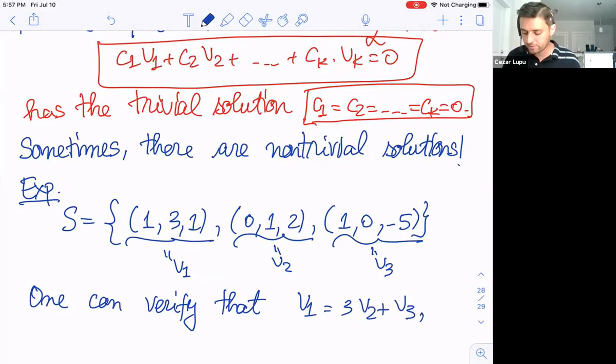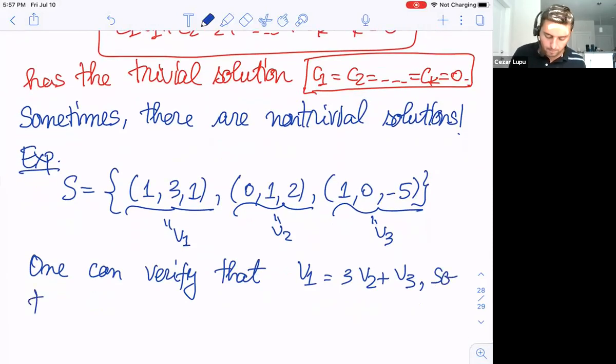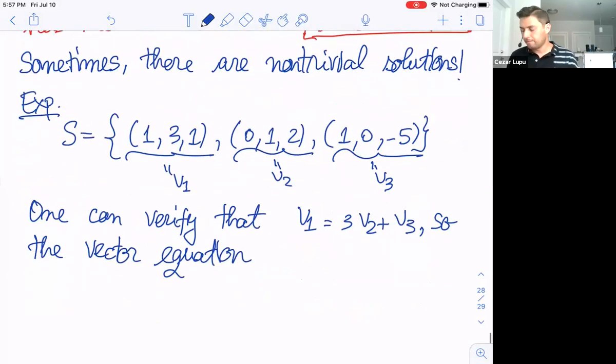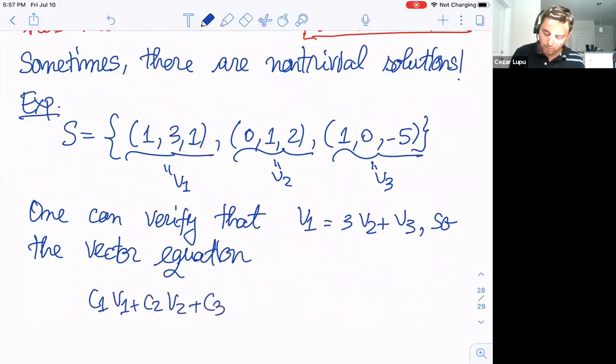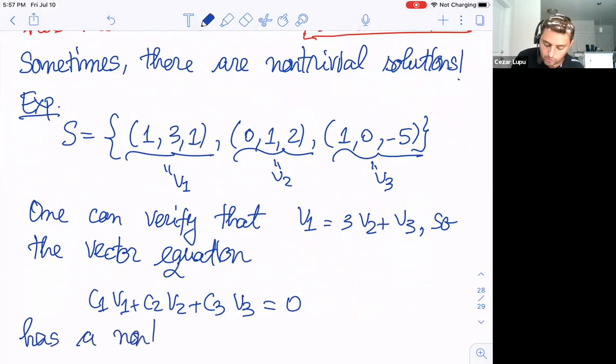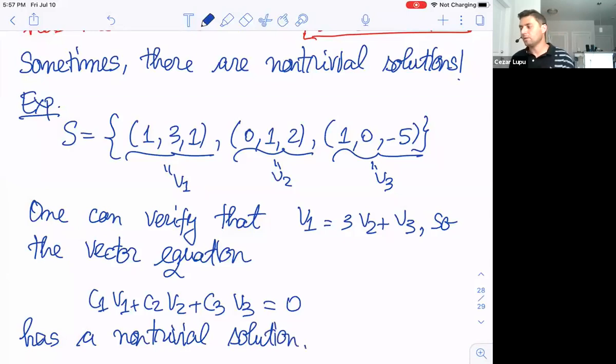So the vector equation C1 V1 plus C2 V2 plus C3 V3 equals 0 has a non-trivial solution. What do I mean by non-trivial solution?